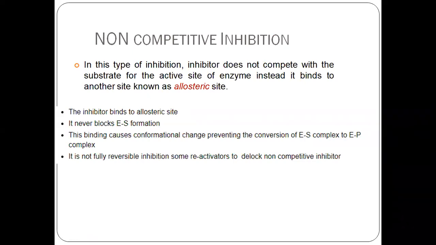So when the inhibitor goes and binds with this allosteric site, the shape of the active site is changed. The substrate no longer identifies the active site of the enzyme because the shape is changed there. So it will not bind with the active site, therefore the activity is lost.